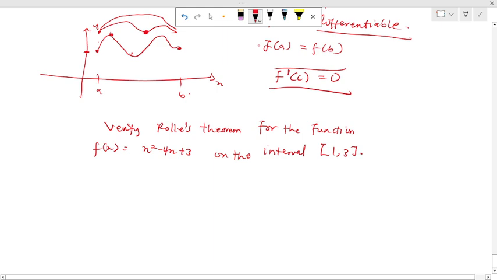If you have to verify Rolle's theorem, you are looking out for c, which is a critical point. To start with, you need to test if this function satisfies Rolle's theorem.